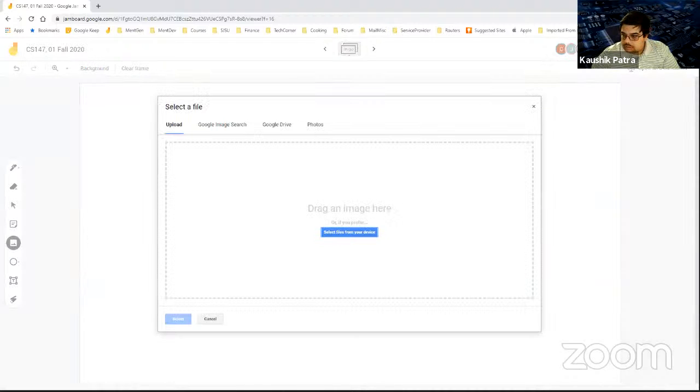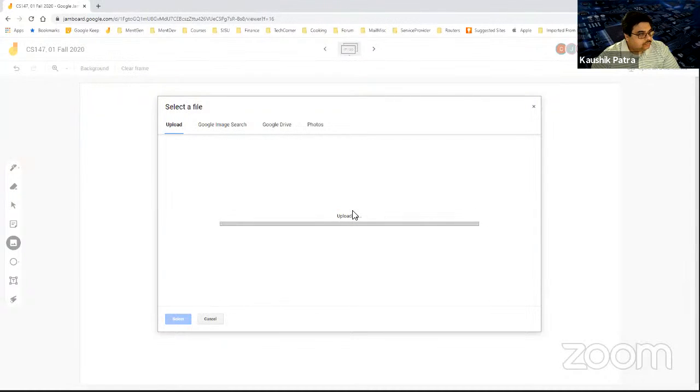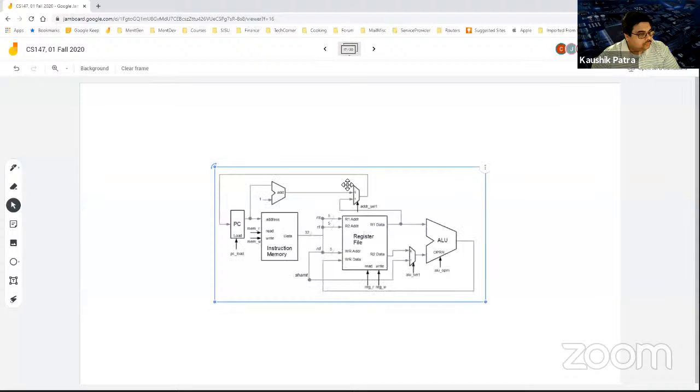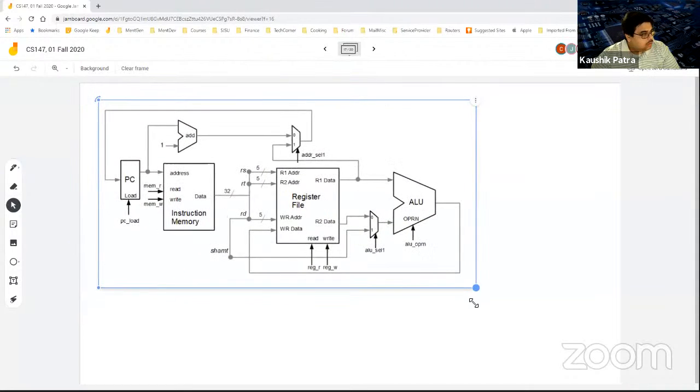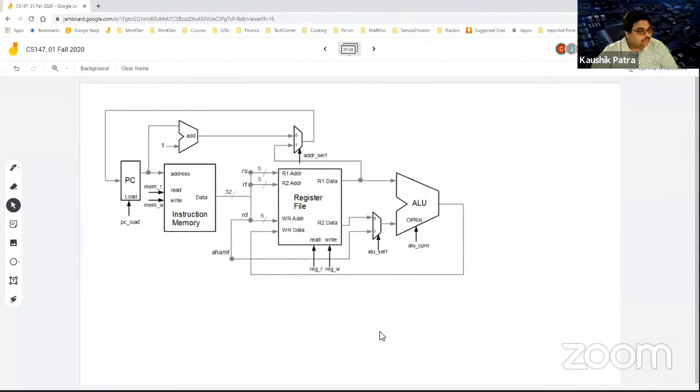The question is, for executing an instruction, what are the control signals involved and which control signal is issued at what point of time?